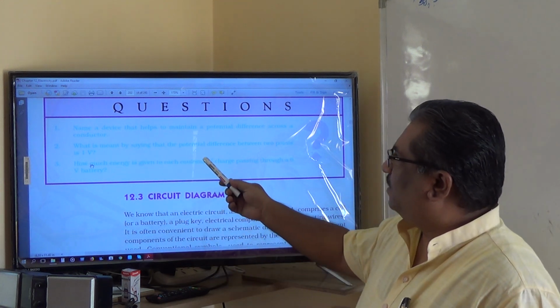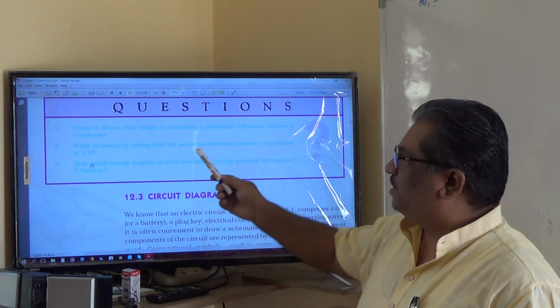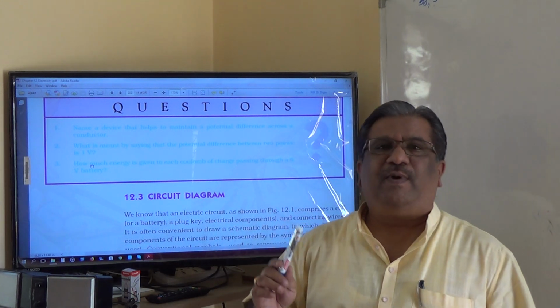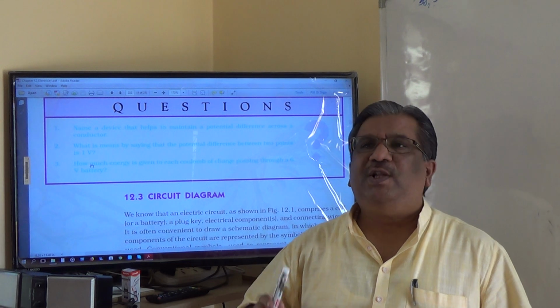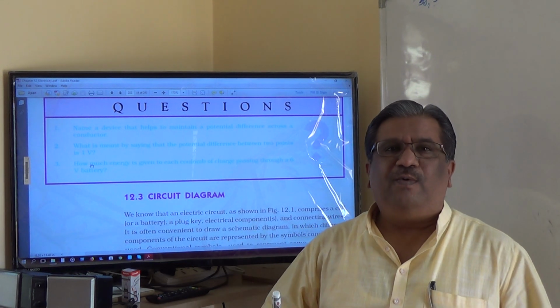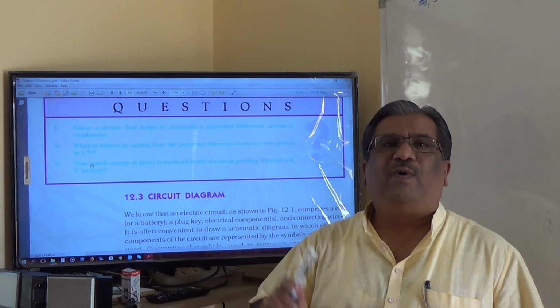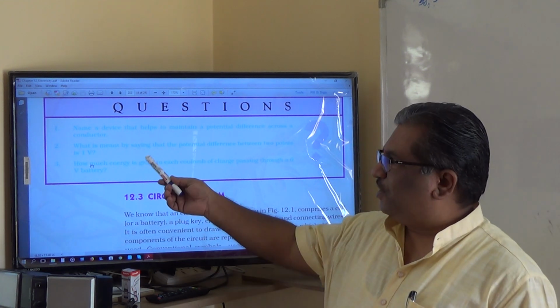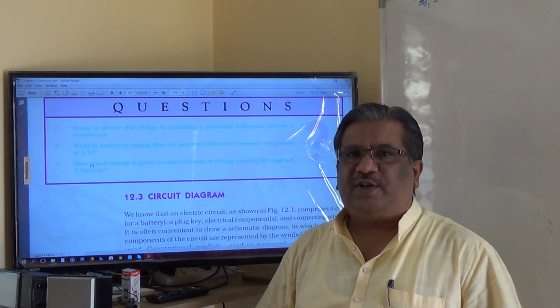What is meant by saying that potential difference between 2 points is 1 volt? The potential difference between 2 points is said to be 1 volt when 1 joule of work is done to move 1 coulomb of charge from one point to another point. I hope you are understanding. The question is define 1 volt, potential difference.